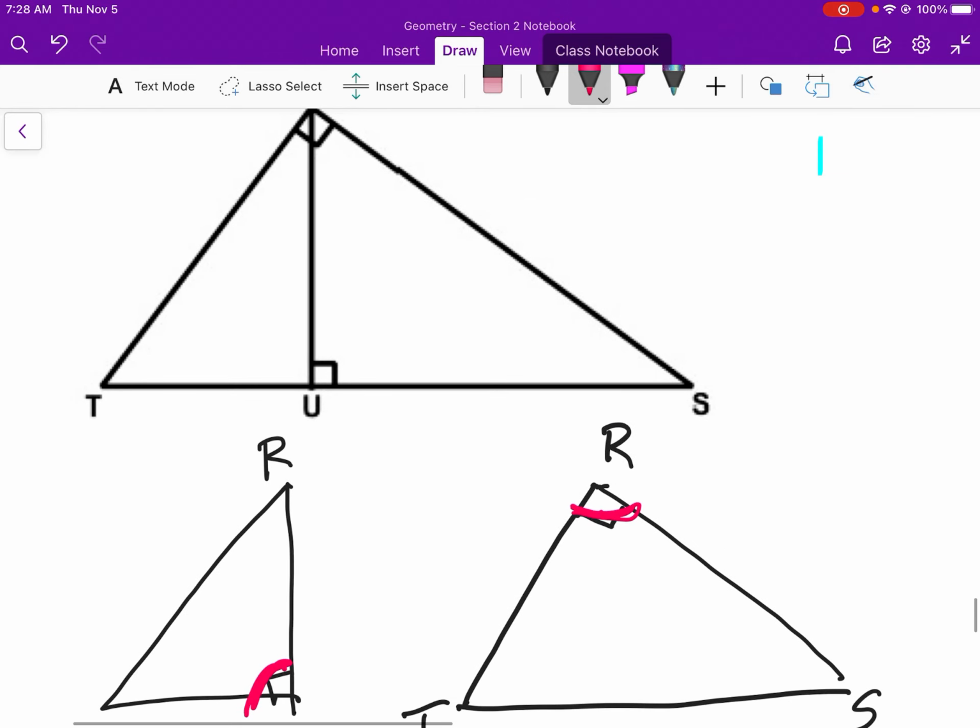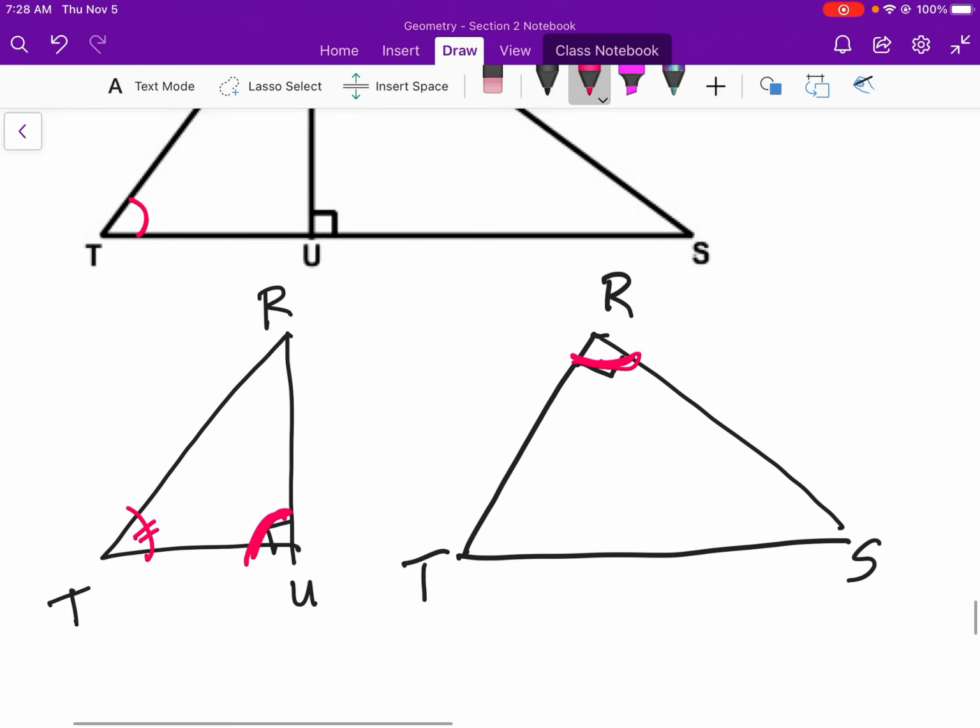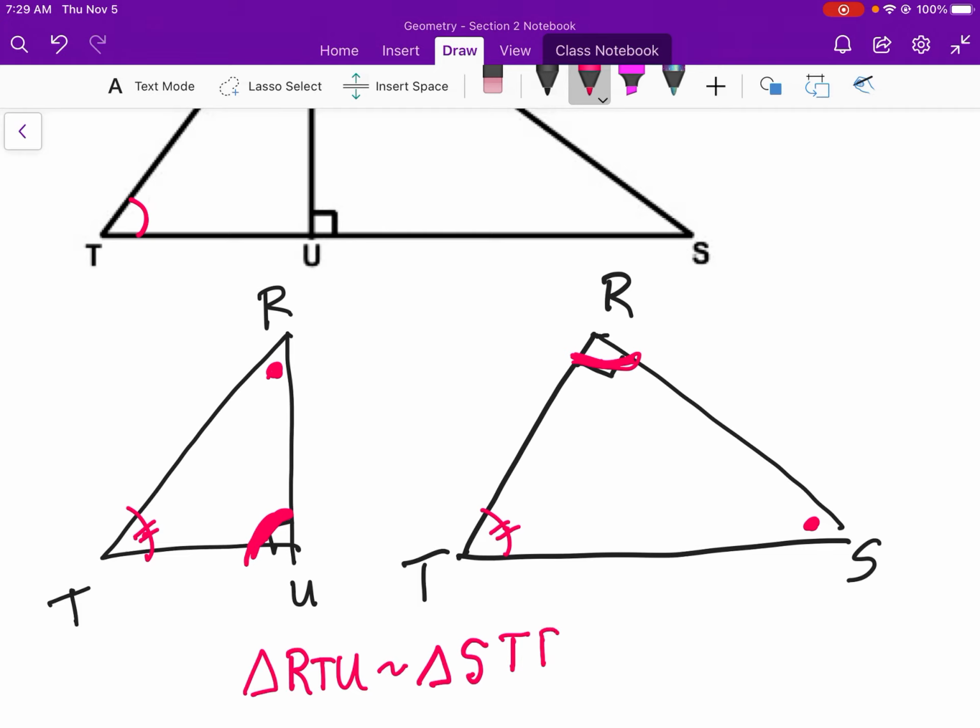And if I look at the picture, these two triangles share angle T, so angle T must be the same as this angle T, which then angle R up here at the top has to be the same as angle S. So if I were going to name them RTU, for instance, I have to make sure I match up the same angles. And I know that angle R is the same as angle S, angle T is the same as angle T, and angle U here is the same as angle R.